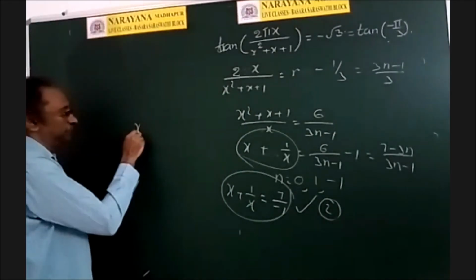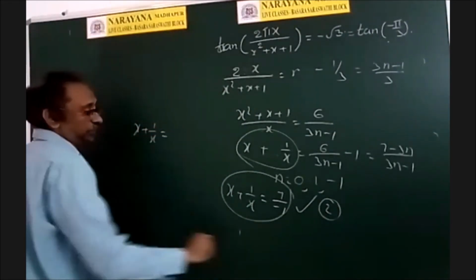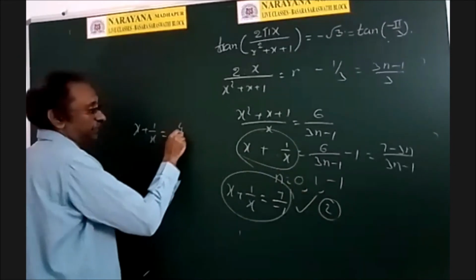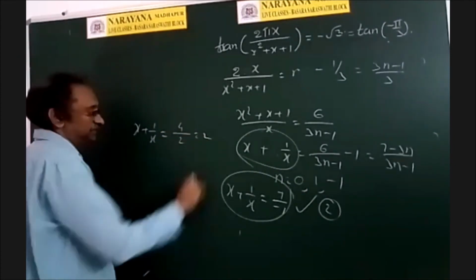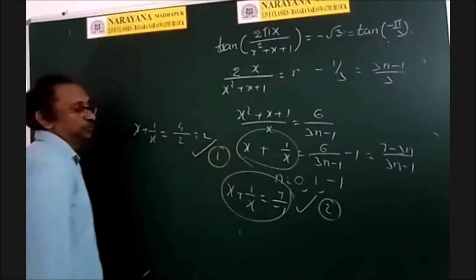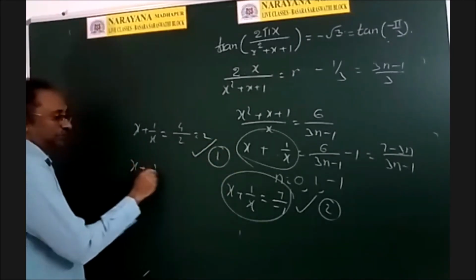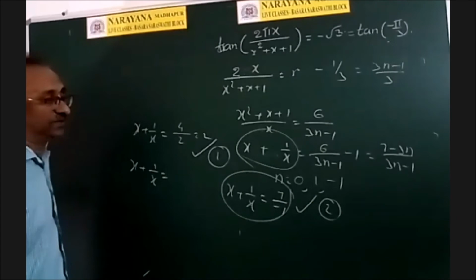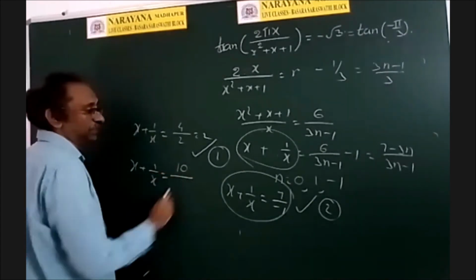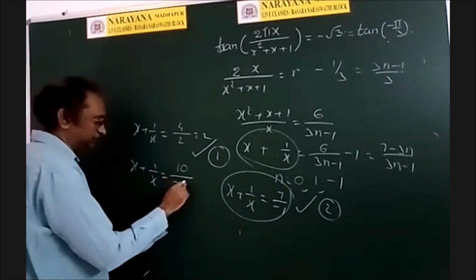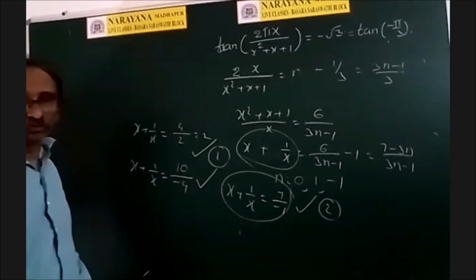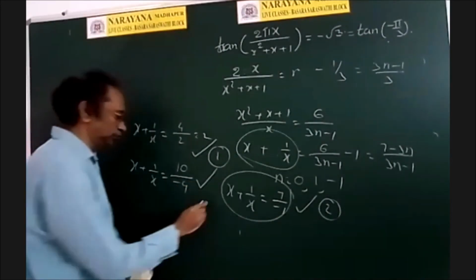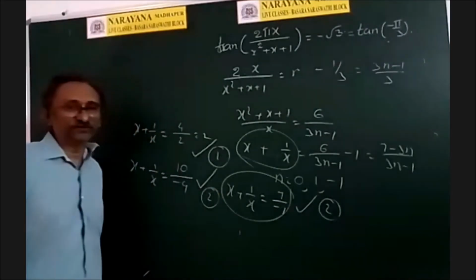For x plus 1 by x is equal to, put n is equal to 1, 7 minus 3, 4 by 1 means 3 minus 1, 2. For this equation, you will have one solution. Next, put n is equal to minus 1, 7 plus 3, 10 by, what is that, minus 4. So this is also a number less than minus 2. Therefore, it will have 2 solutions. So totally 5 solutions are there.